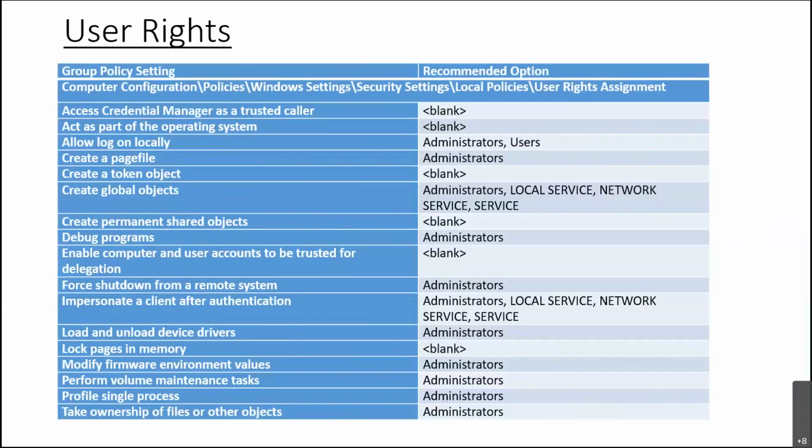All these can be defined using user rights. These are the default values, and based on the organization setup, they can easily be configured at the path shown on the slide.